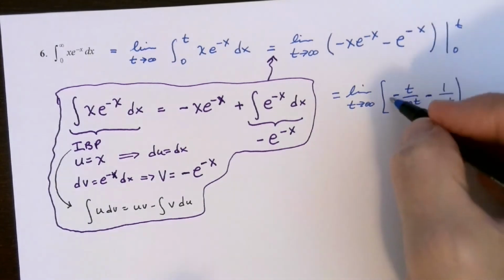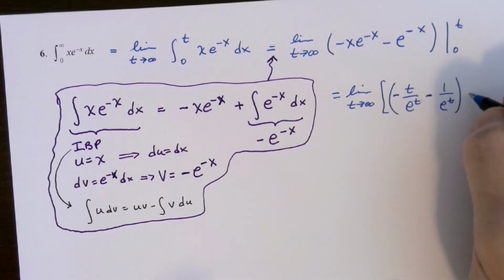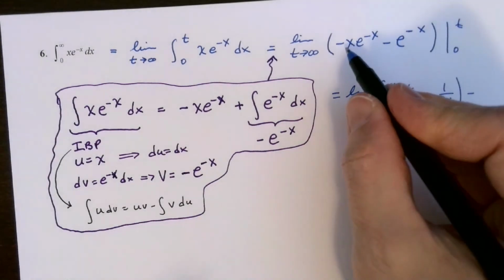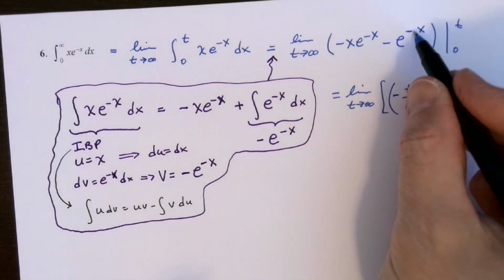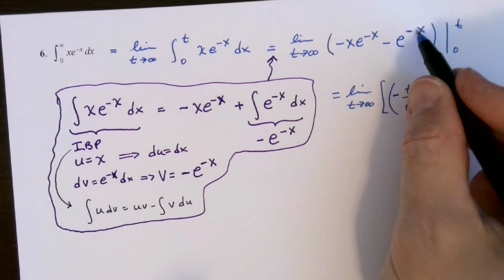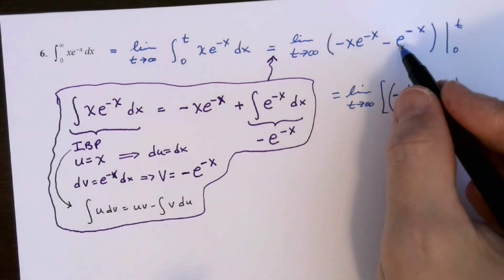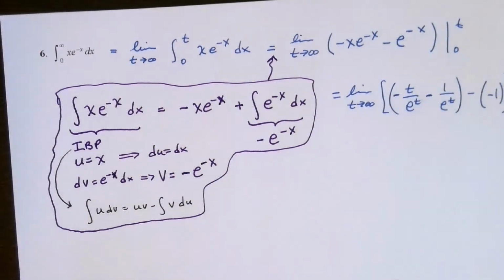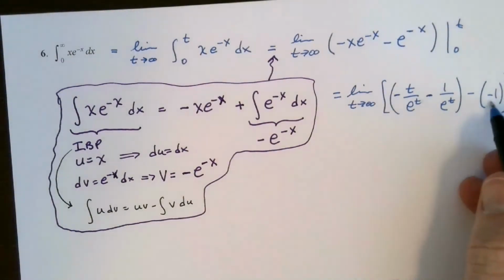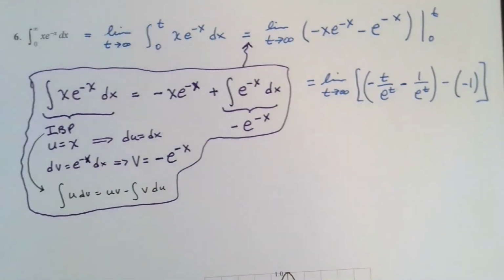So that's what I get when I plug in t. What happens when I plug in 0? Of course, this is 0, so this whole thing is 0. Minus what? E to the 0. What's e to the 0? That's 1. 0 minus 1, that's a negative 1. Of course, we're going to get minus a negative 1. We're going to get positive 1 there.